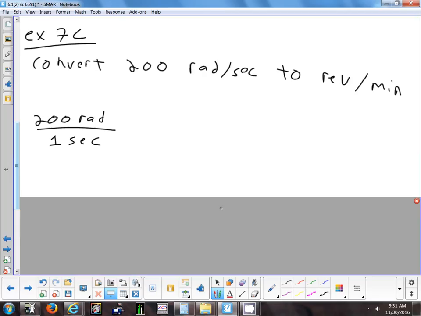And I want to convert that to revolutions per minute. Let's deal with the time unit first, because that's just one step. So I want to convert seconds to minutes, and it's only one time unit I have to go through, just seconds to minutes. Okay, how many seconds in 1 minute? 60.